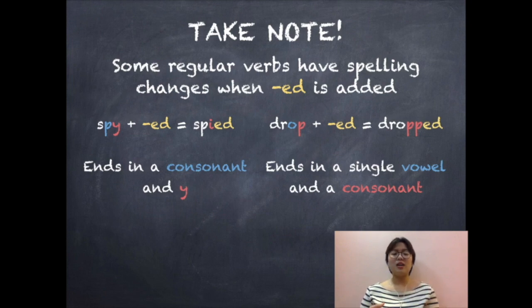Thus, spy becomes spied. The second condition is that if it ends in a single vowel and a consonant, such as in this example, drop. The single vowel is o and the consonant is p. If you add ed, it turns into dropped. That means you make it a double consonant plus ed.